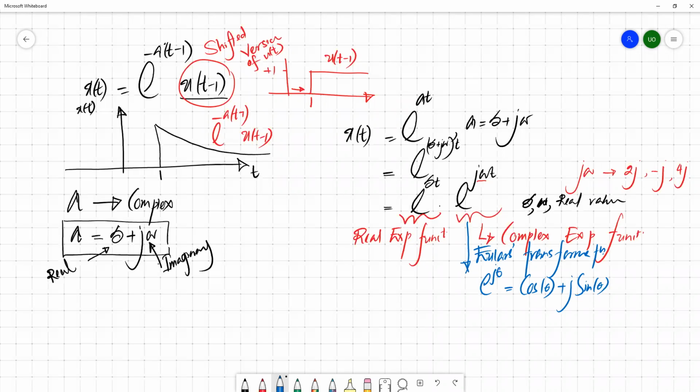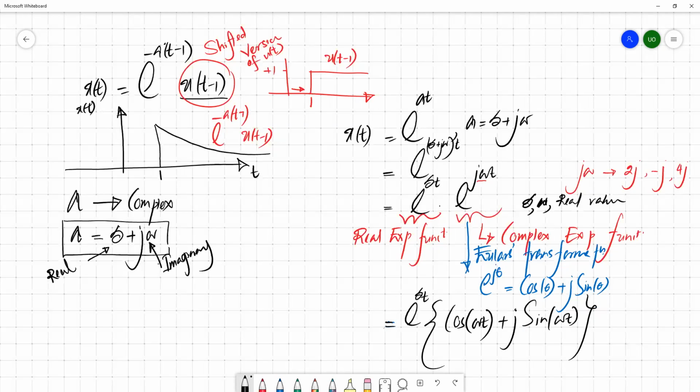So e to the power j theta, a complex exponential function, can be transformed into rectangular format using cos theta plus j sin theta. Applying it here, we have e to the power sigma t, and instead of e to the power j omega t, we have cos omega t plus j sin omega t.